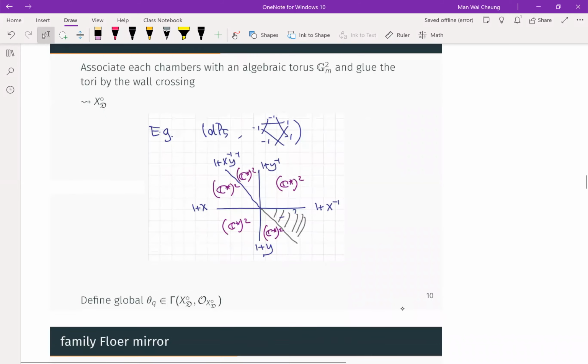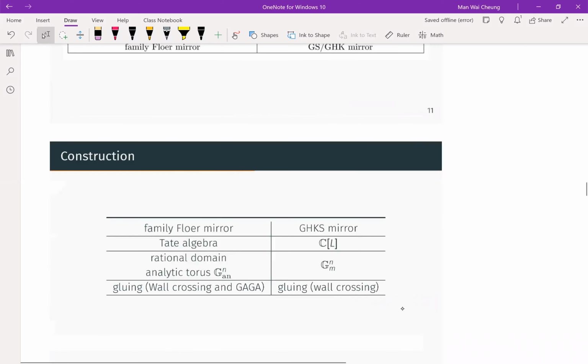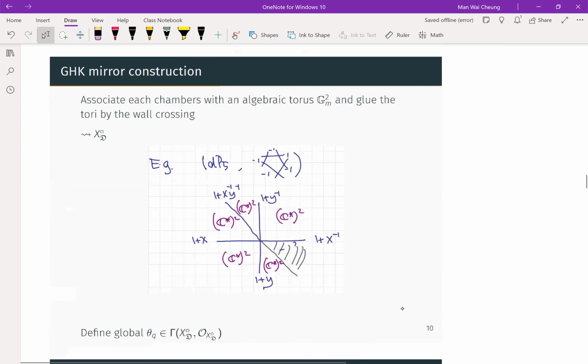And then what they do is they show that in that case, the collection of theta functions does give an algebra. And then the proposed mirror, the GHK proposed mirror, will be the Spec of this algebra.